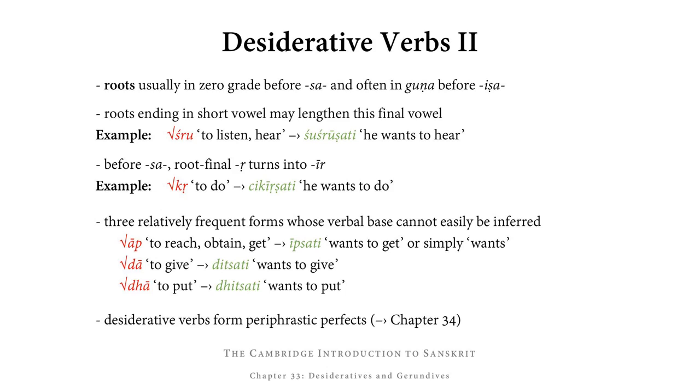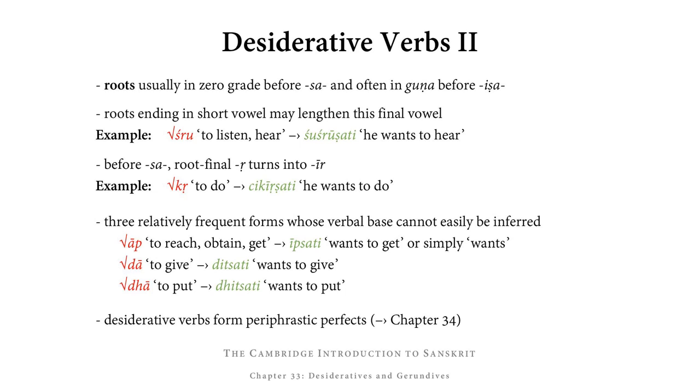First of all, roots ending in a short vowel may lengthen this root final vowel in the desiderative. So, for example, of shru, to listen, to hear, we get shushrūṣati, he wants to hear. Before sa, root final vocalic r turns into ir or ur. So, from kr, to do, we get cikīrṣati, he wants to do.